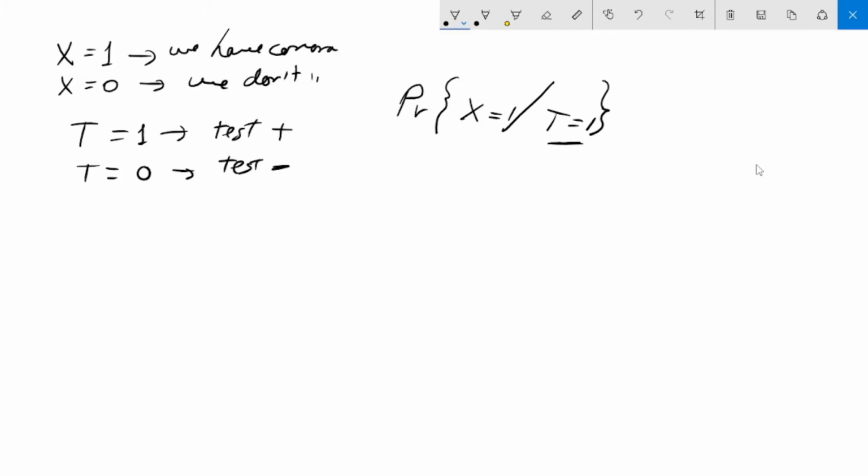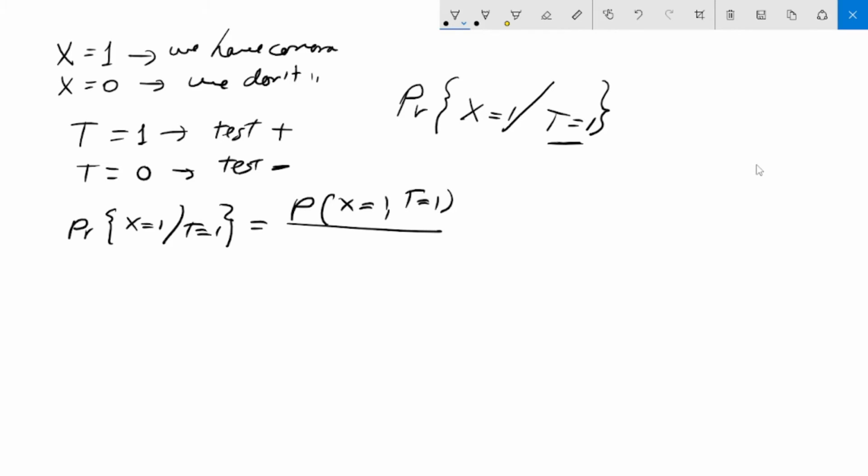So we have the probability of x equal 1 given t equal 1. This is going to be equal to the probability of x equal 1 and t equal 1 over the probability of t equal 1.